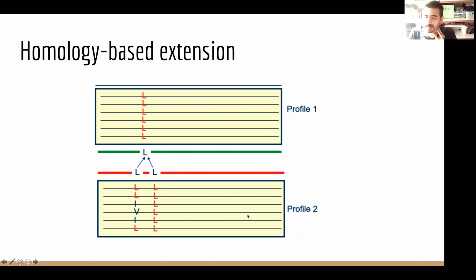And we have another profile that represents the red sequence, then this L is not as conserved as this L. If this is the case, then by just looking at this conservation, you can say that, okay, second L is most likely the homologous of this L rather than this first L, because first L is not as conserved as second L. The same conservation is in the first profile, so that this L should be aligned with that L, okay? So this is how homology-based template-based multiple sequence alignments can improve your multiple sequence alignment.